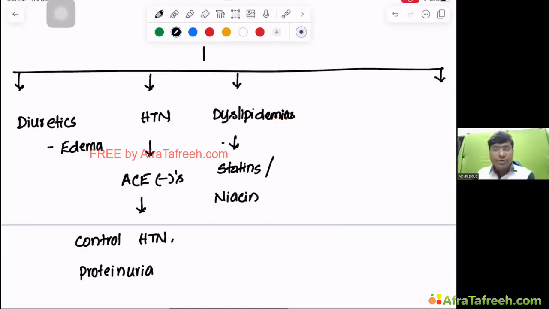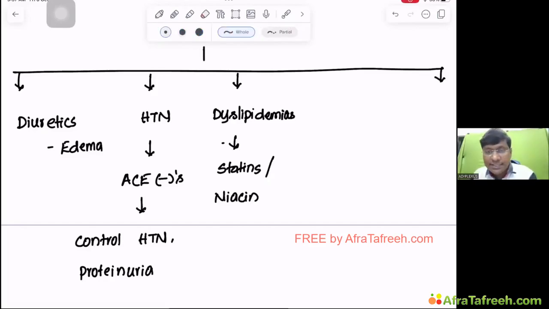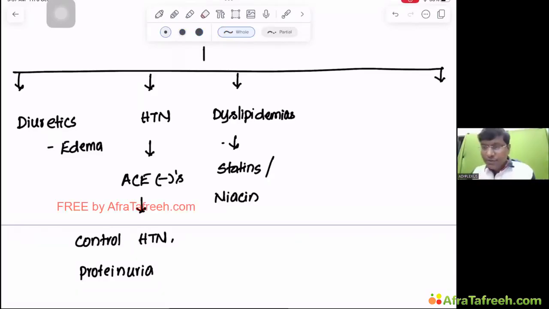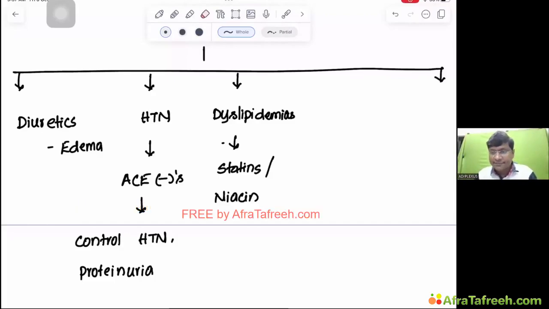So tell me about niacin. Niacin is required for which form of dyslipidemia? Anyone? Niacin? No, no, no. Not for hypertriglyceridemia. For hypertriglyceridemia, we give fenofibrate and statin. Not for LDL.